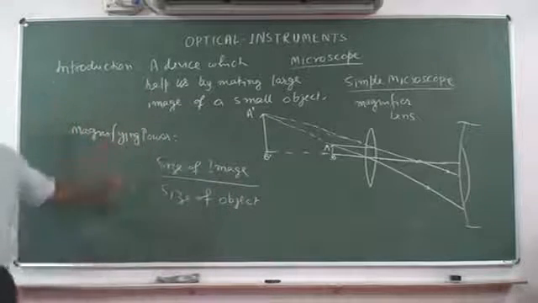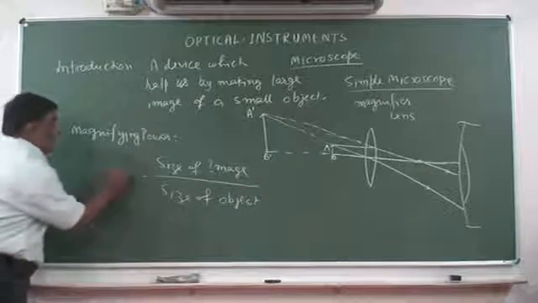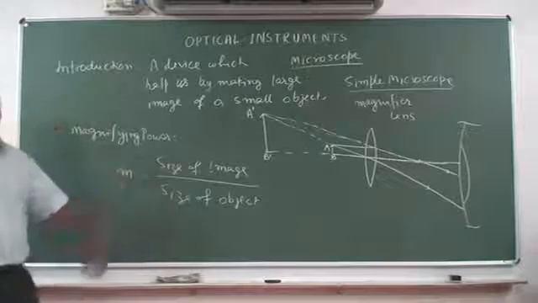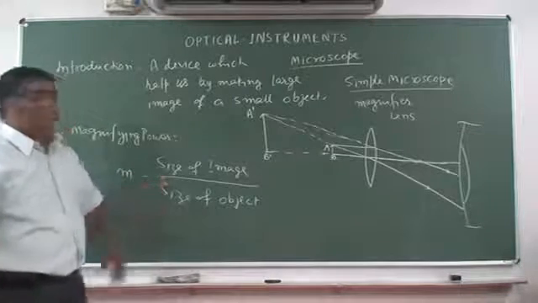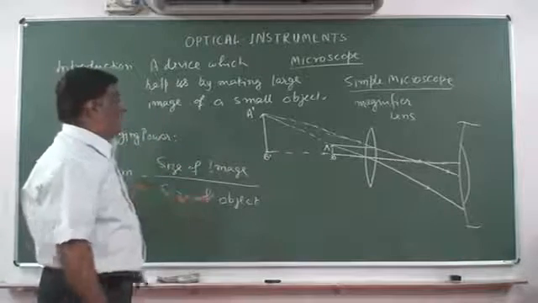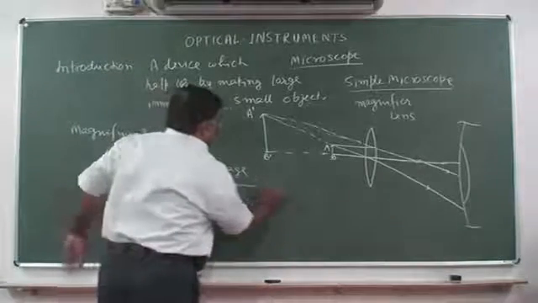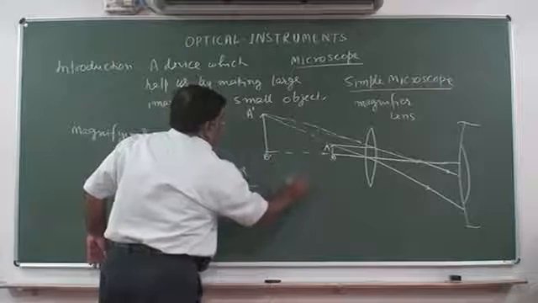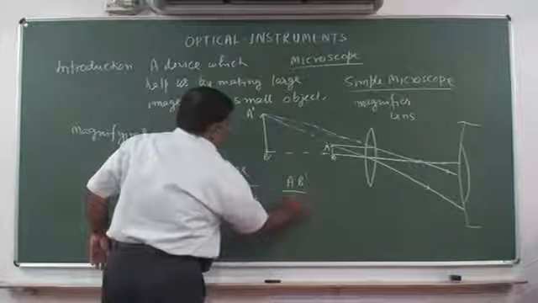This is magnifying power, and normally we write it with M. So this is magnifying power. Okay, size of image, size of object. This is A'B' upon AB.